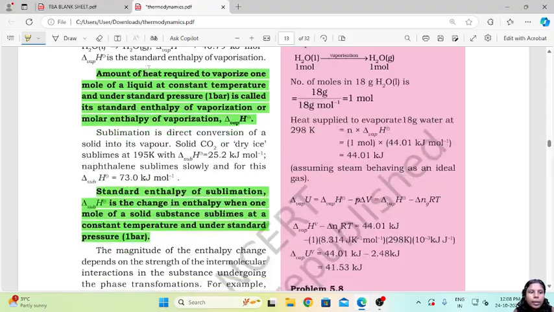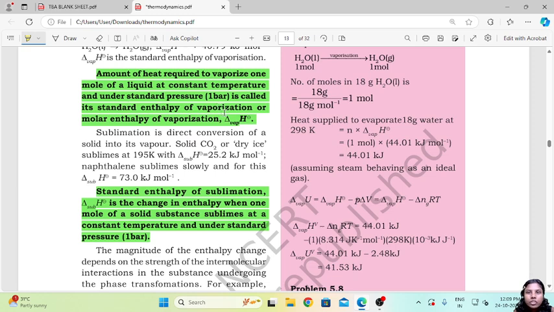Next, let's look at the enthalpy of vaporization. Vaporization, we know that something is going from liquid to gaseous state. The amount of heat required to vaporize 1 mole of liquid at constant temperature and under standard pressure, that is 1 bar, is called the standard enthalpy of vaporization.